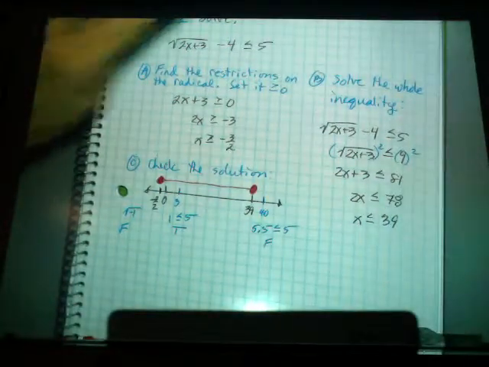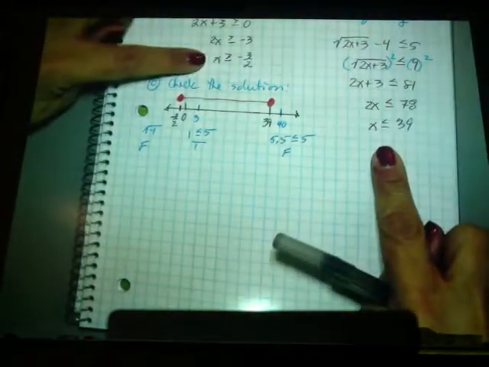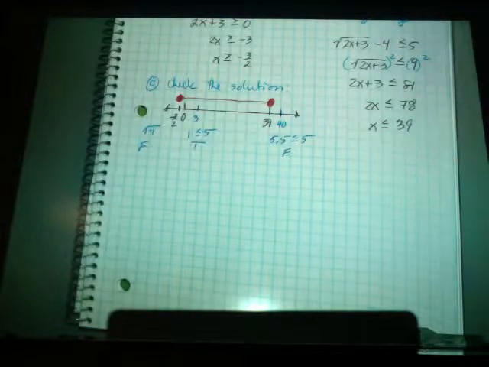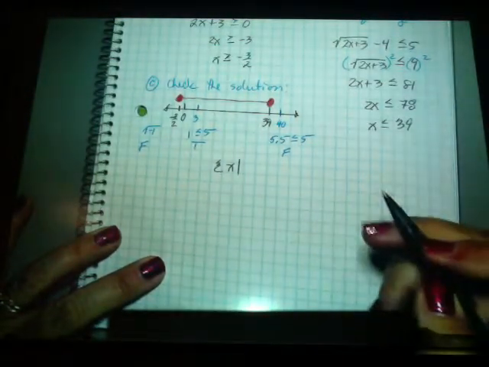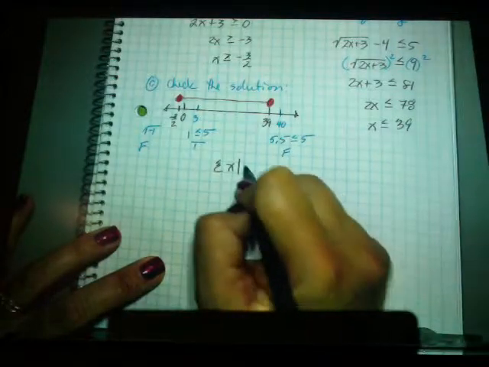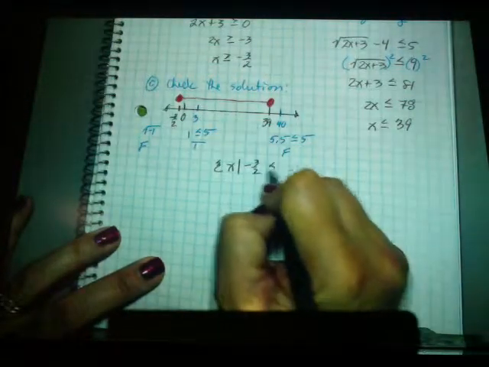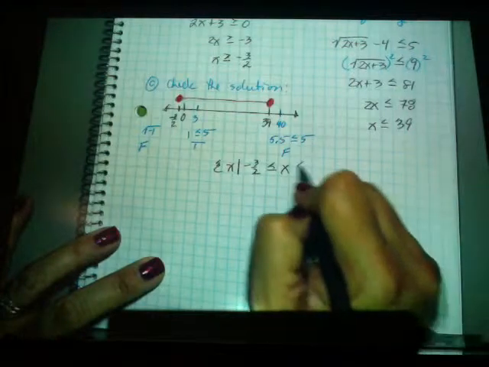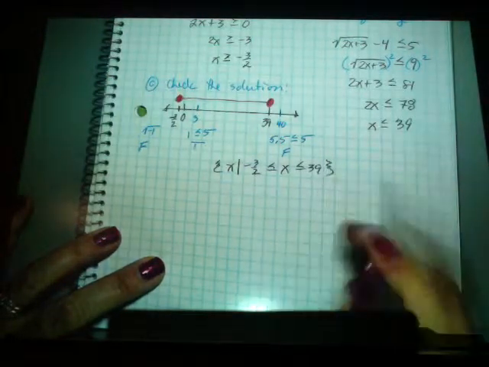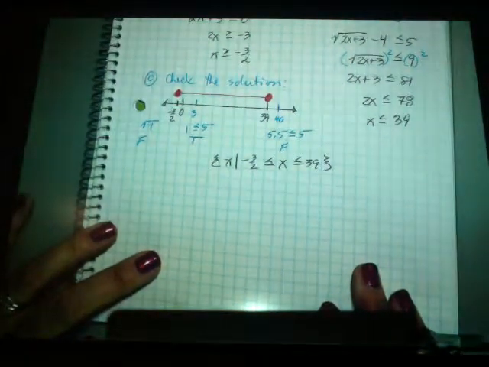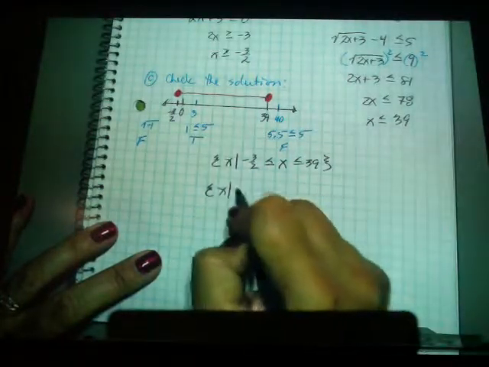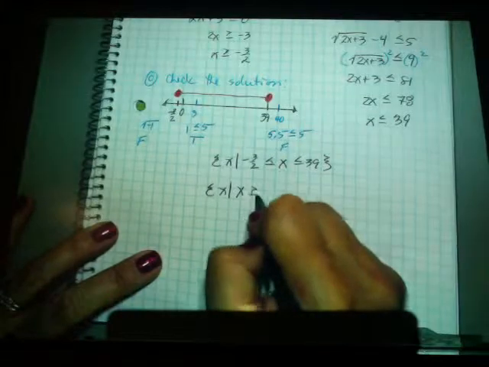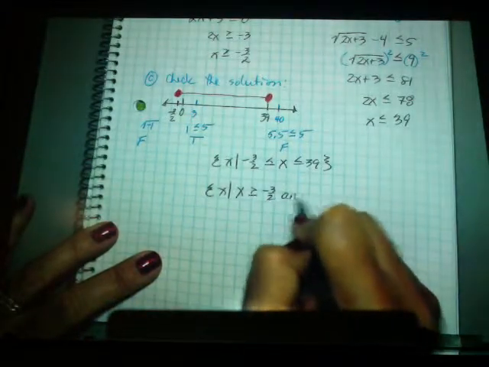And so how are you going to write your solution? You've got to encompass both of these. How are you going to write your solution? There's set builder notation with it sandwiched, or set builder notation without a sandwich, but you better use the word and.